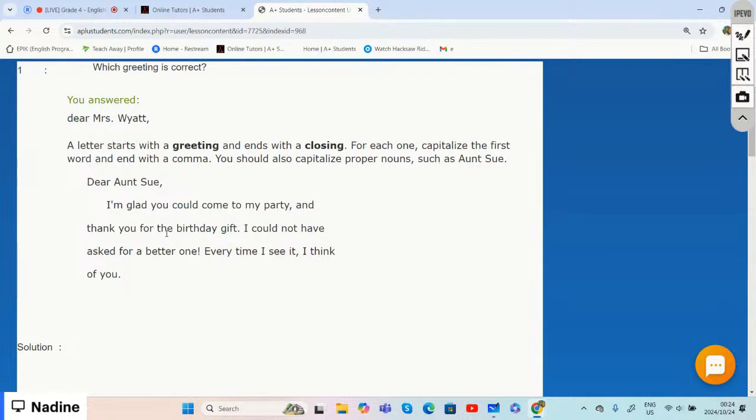Keeping in mind, don't forget to use proper nouns when you write your letter, and proper nouns need to be capitalized. Names of people, names of places, and so on need to be capitalized.